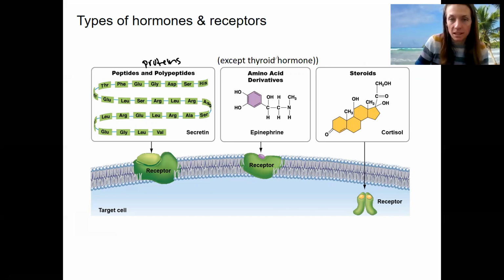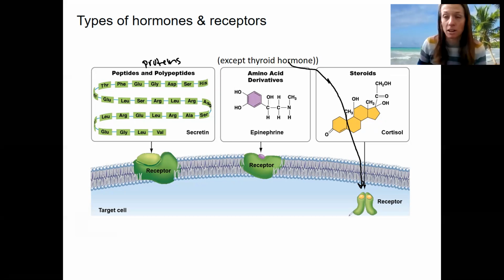Amino acid derivatives besides thyroid hormone bind to cell membrane receptors. Notice this is a molecule smaller than this one. Steroids and thyroid hormone are going to bind to intracellular receptors. So understanding the properties of these is going to help us understand their function, structure function, right? So we will look at each of these three briefly to better understand each of them.